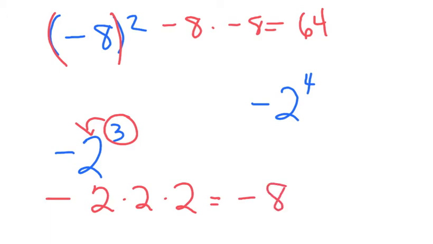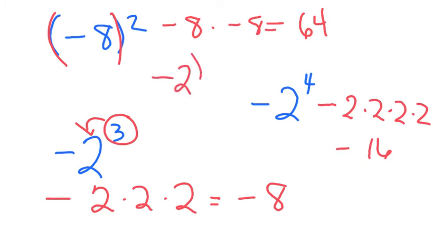Let's try this one. -2 to the 4th. Well, that means negative sign, 2 times 2 times 2 times 2. 2 times 2 times 2 times 2, that's 16, and it's got a negative sign. If this problem had parentheses, what would be different? Let's see.